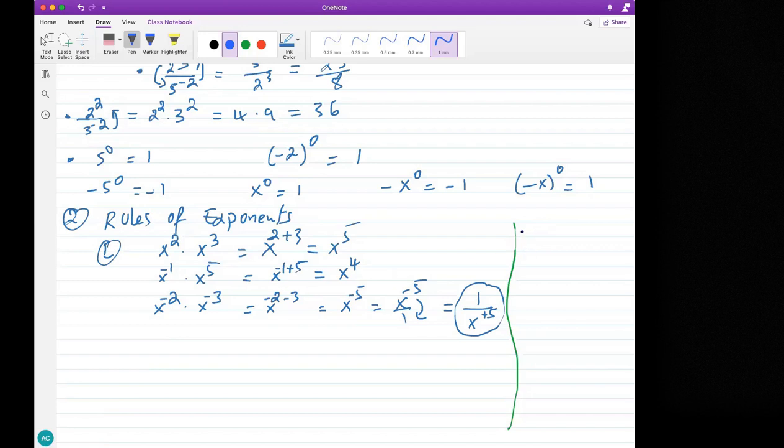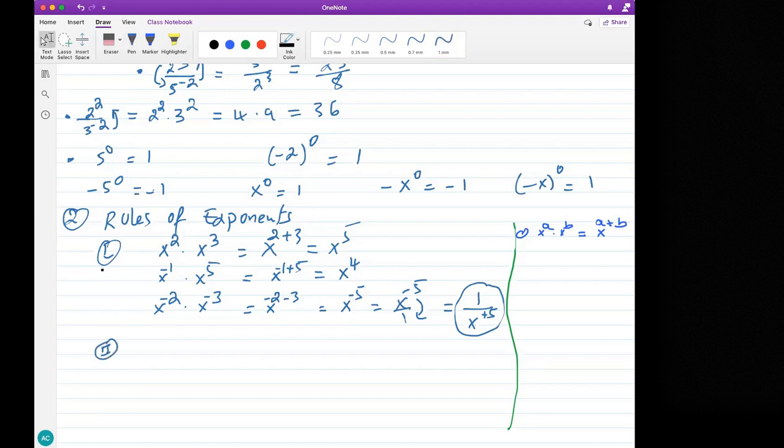So the first one: for any real number x to a power a times that number to the power b, what is this equal to in general? x to the a plus b. Exactly. So that's a summary of this. a and b could be negative or positive. Whatever the case might be, you just combine them.